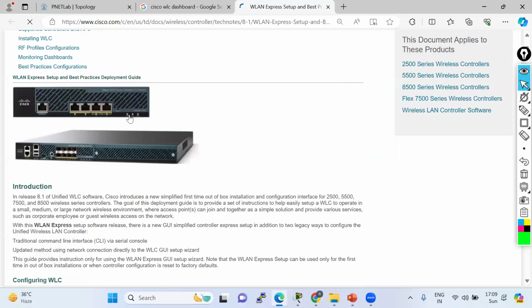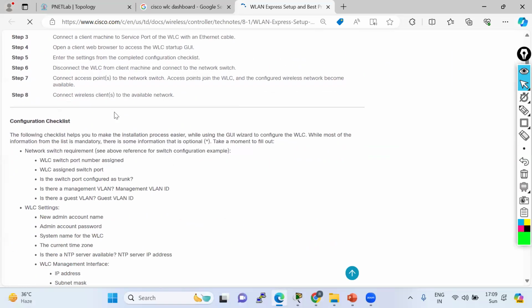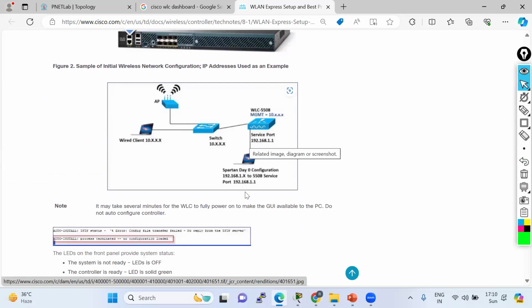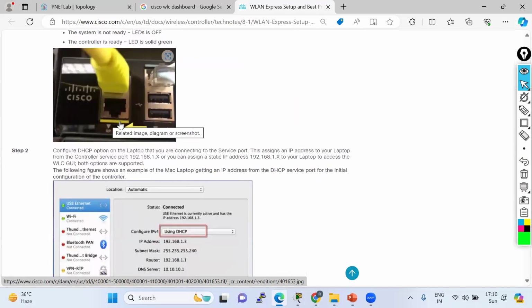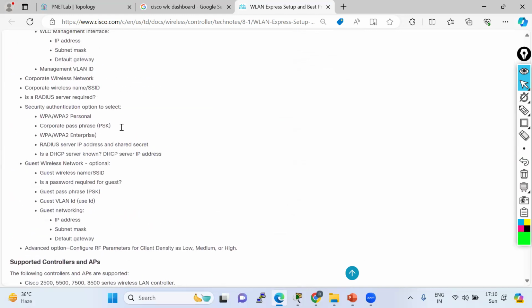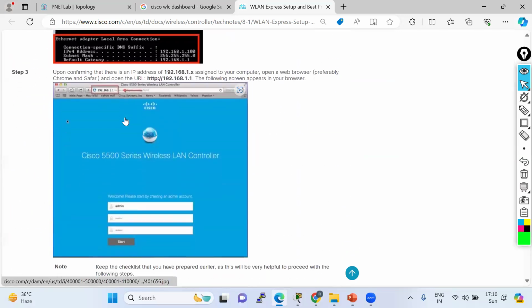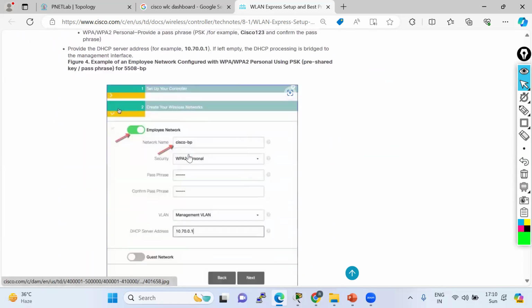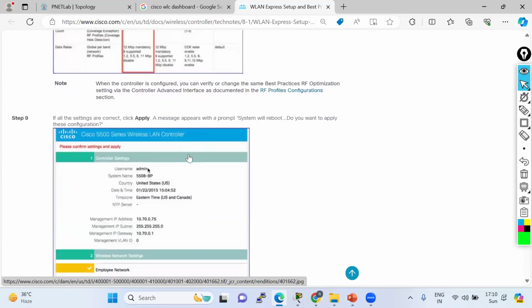Let me show you the picture. This is the image of the WLC. Here the AP is situated, this is your WLC connected to the switches, and clients are being served there. You can see here the different options they have explained in this article. Once you log in to this WLC, it is going to give you a kind of dashboard, which we will probably see at a later stage.